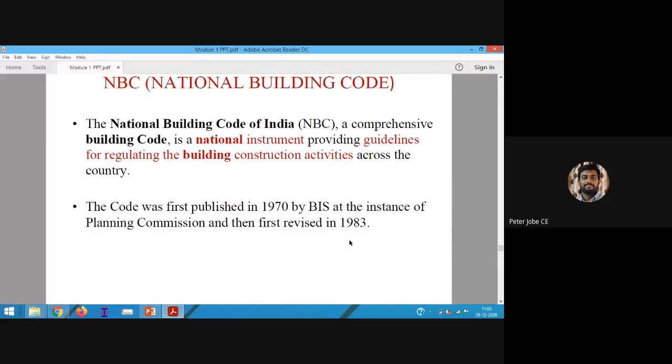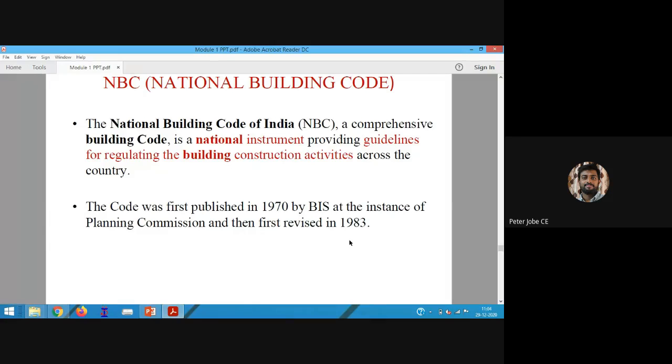In civil engineering, whatever construction activity is carried out, the materials used or the design criteria used, all those design criteria and the quality of the materials, we'll have to adhere to BIS. Only then we'll get permission from the government and also from the client for whom we are doing the work. So BIS is very important.